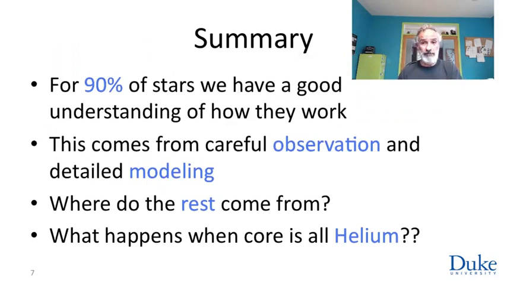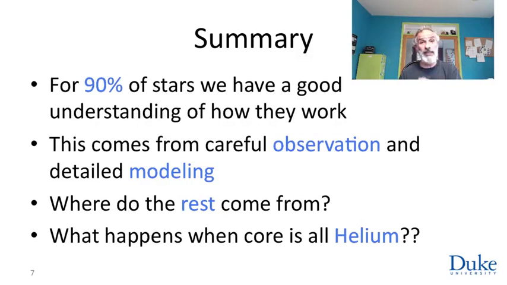Another busy week, but I think very productive. What have we learned by looking at the stars? For 90% of them, we have a pretty good physics understanding of how they work, and it matches all the data. And this came from decades of painstaking observation, measuring the positions of stars over the decades, to do astrometric measurements of binaries in proper motion, measuring the parallax angles of thousands of stars and computing their distance carefully, measuring thousands and thousands of spectra and classifying them and understanding the patterns.